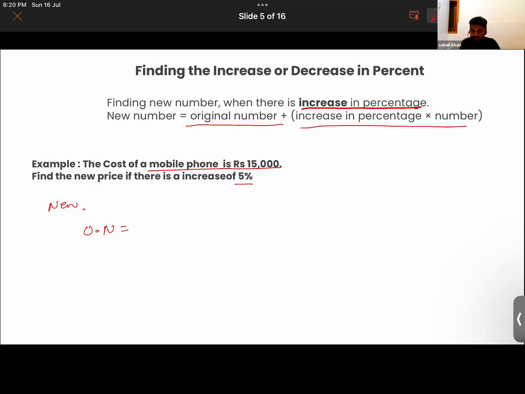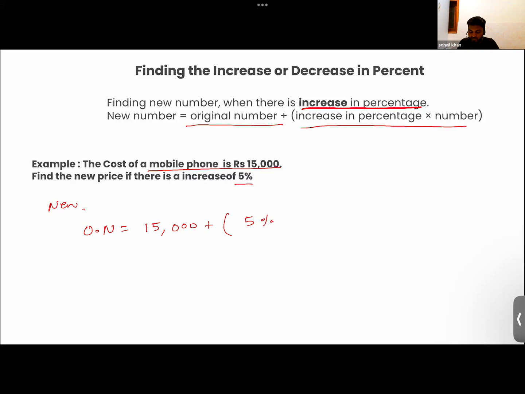Here the original price was 15,000. Now there's an increase of 5% in the price of the mobile, so 5% of 15,000. Remember, this "of" here basically means multiplication.